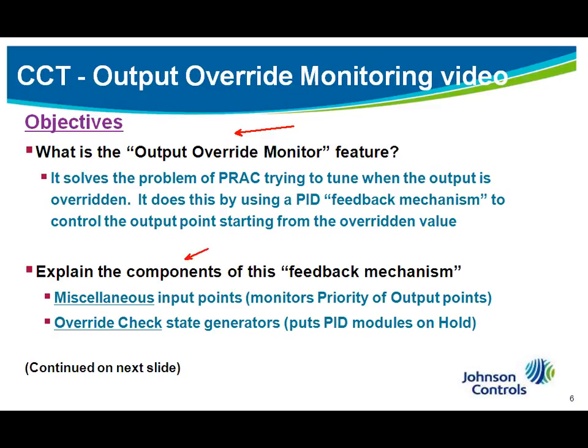The components of this feedback mechanism were the miscellaneous input points, which were used to monitor the priority of those output points. That's how it could determine whether it was overridden or not. If it was overridden, then the override check state generators were used to place the PID modules in that hold state via the state table, as well as that value of override went into those control modules.